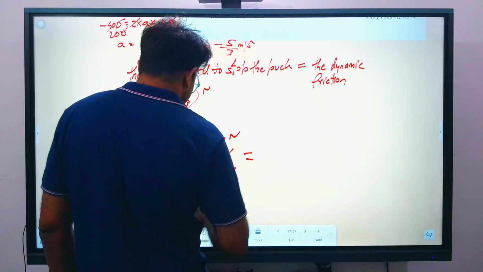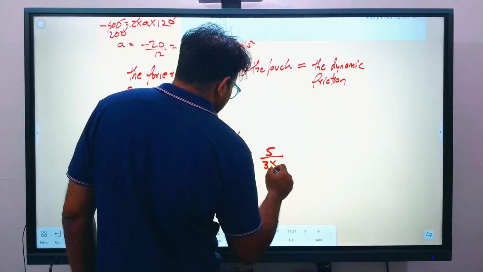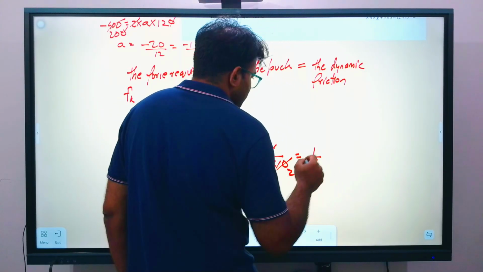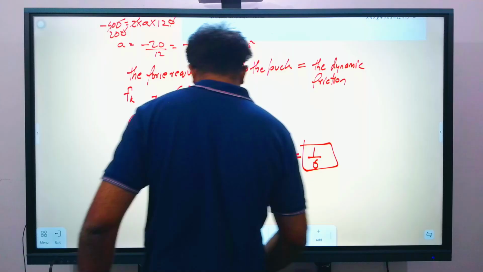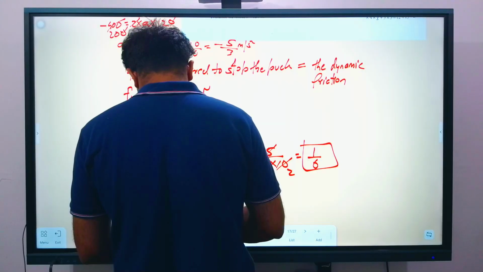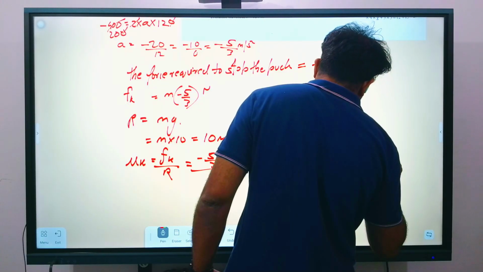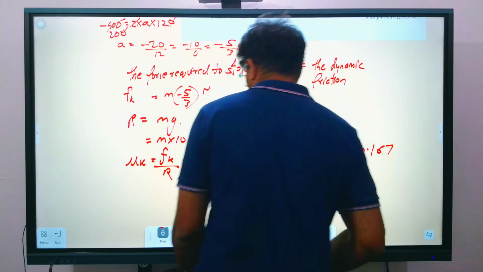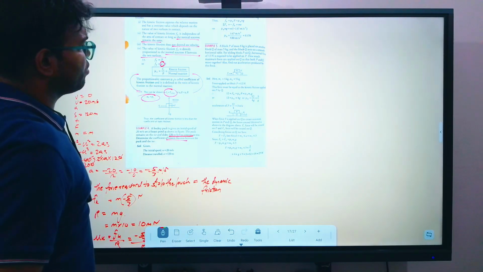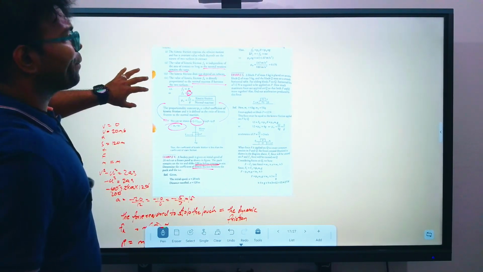So it will be 5 upon 3 into 10, which is equal to 1 upon 6. What is the value of 1 upon 6? 1 divided by 6 is 0.167. Let's see if it's correct. I think I made a mistake. No, 0.167 or 0.17, it's correct.